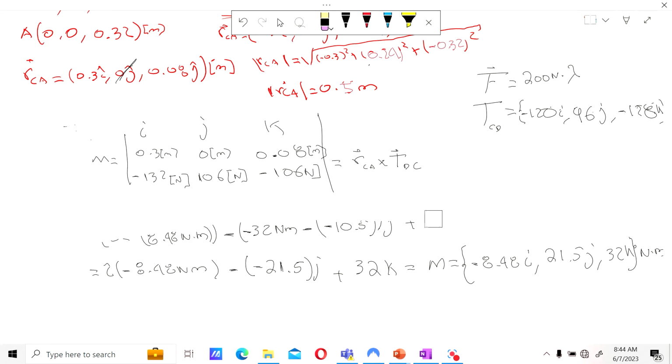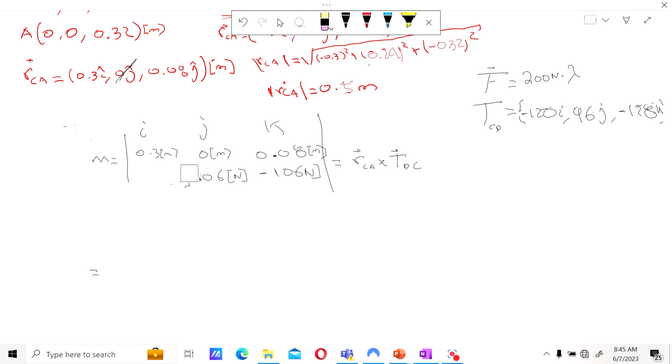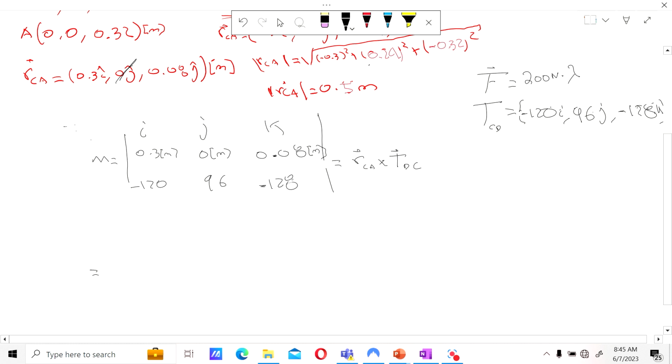All right, so you can see how really most of the issues are just by getting the right components. Okay, actually I have to raise these two. All right, let's try it again. So this one is negative 120, 96, negative 128.